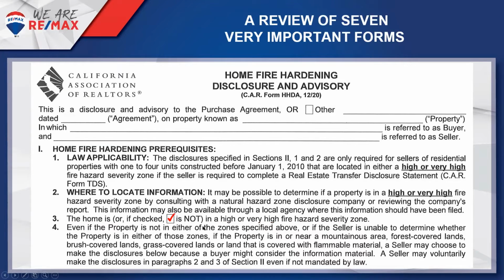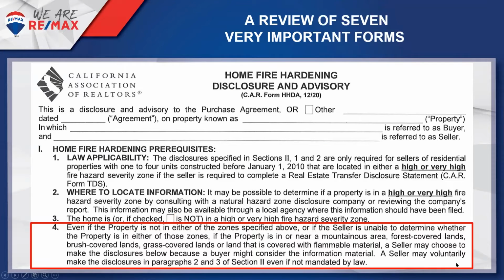If you check this box, you can still deliver the form, but you check the box that it's not in a high or very high fire zone. If you don't know, don't check the box, deliver the form anyway. There's, again, no downside to delivering the form in a timely fashion.